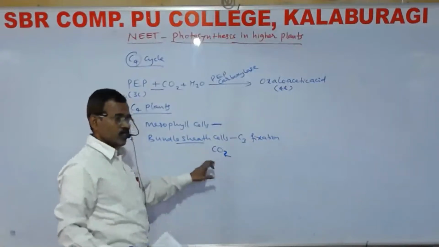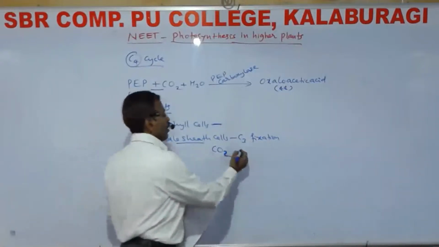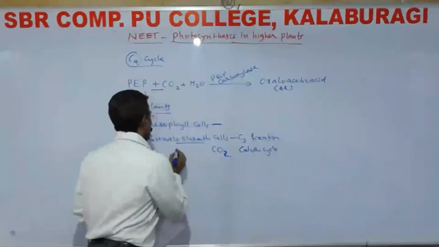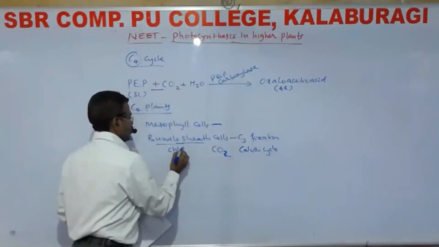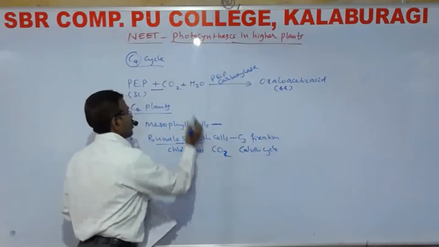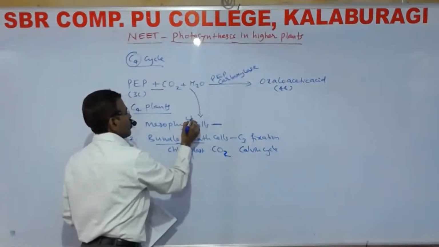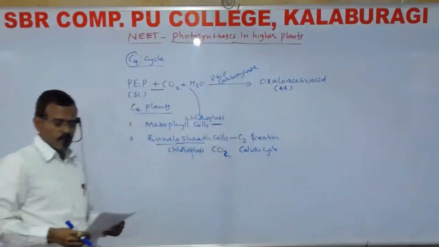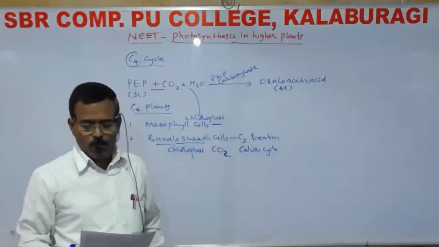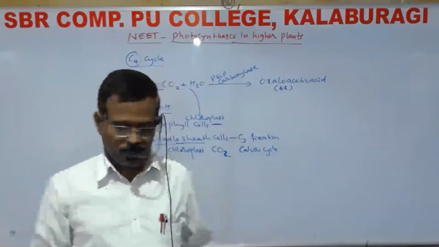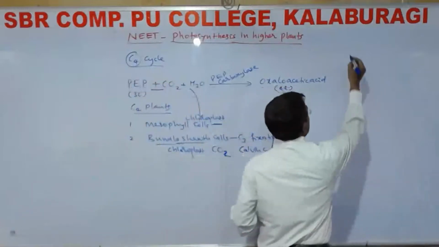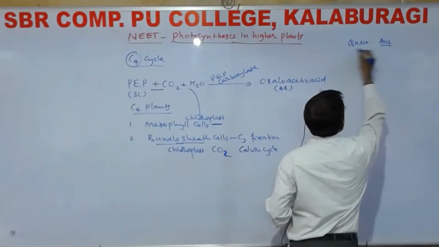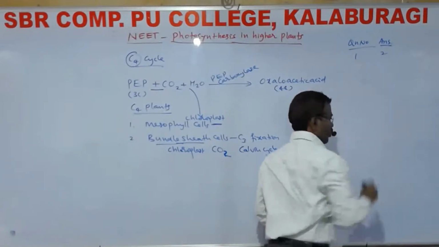That carbon dioxide is accepted by RuBP. Then the Calvin cycle occurs in the bundle sheath chloroplast. And this reaction mainly occurs in the chloroplast of mesophyll cells. So the answer will be mesophyll cell chloroplast. So 1, 2.